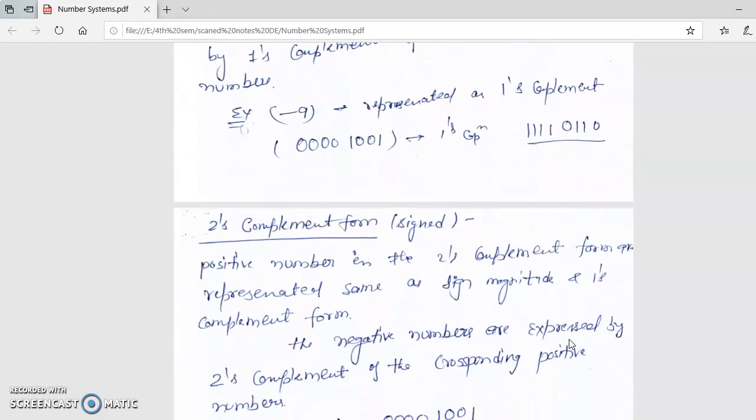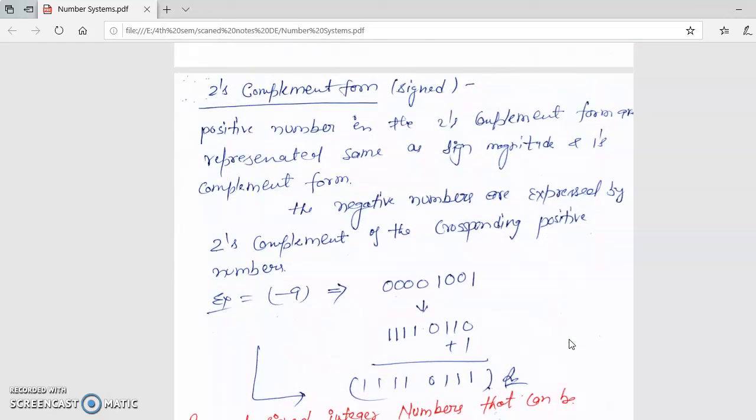Next is twos complement form with sign. Positive numbers in twos complement form are represented the same as in sign magnitude and ones complement form. But negative numbers are expressed by the twos complement of the corresponding positive number.